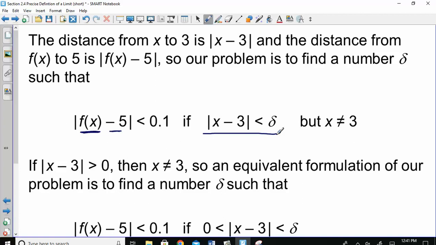These are just Greek letters, they just mean a variable. And we're going to start seeing something called Epsilon and Delta. So this is a delta. Basically, if the distance between the x and 3 is smaller than a certain number, we'll guarantee that the distance between my y and my 5 will be smaller than a certain number.